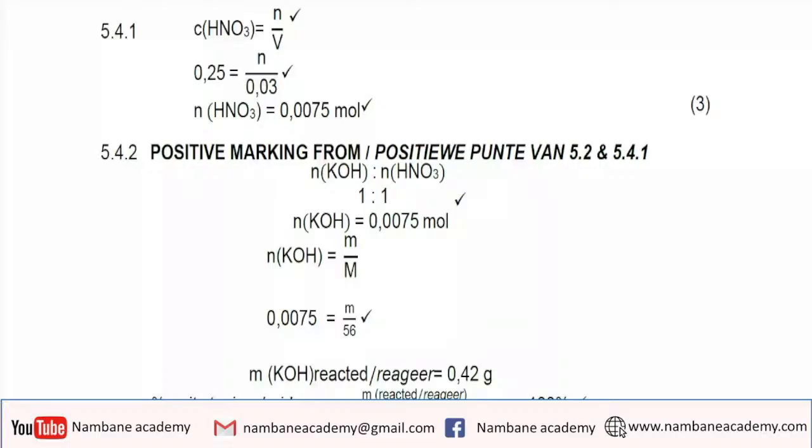So we will be forwarding it to 5.4.2. What we are marking there: the first mark will be awarded to the ratio between the potassium hydroxide and the nitric acid as 1:1. That's 1 mark. And then it means the potassium hydroxide is still 0.0075.